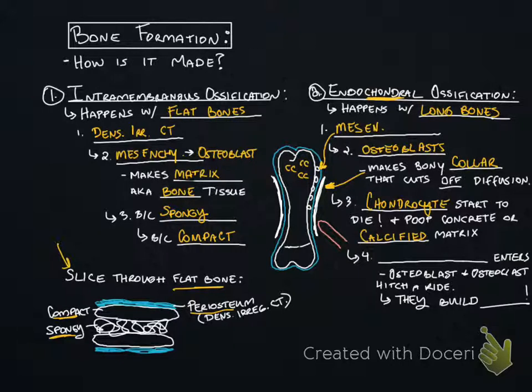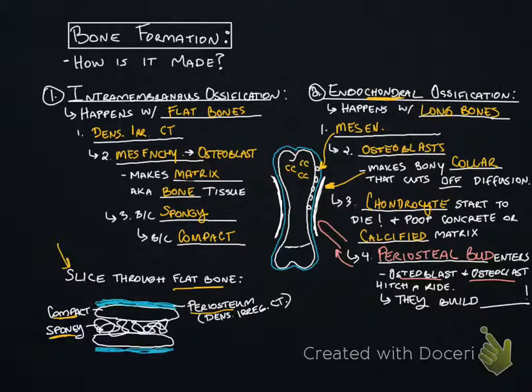And once this happens, what's called a periosteal bud, right here, enters into and breaks through that bony collar. And this is basically just a blood vessel. And with it, it's carrying osteoblasts and osteoclasts.